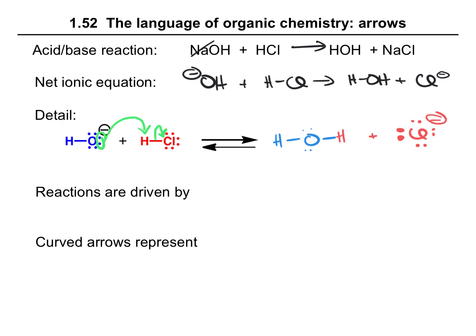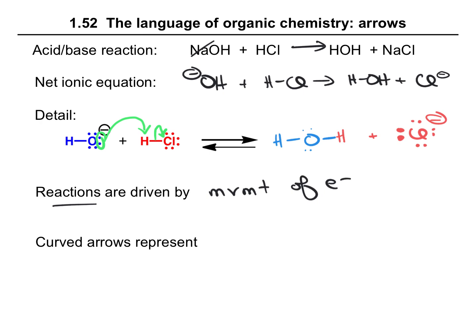So here we have an example of an acid-base reaction. Throughout this year, we're going to talk about a lot of different reactions. And always, reactions are driven by or caused by the movement of electrons. Keep in mind, the electrons are way on the outside of an atom, and they are able to move.